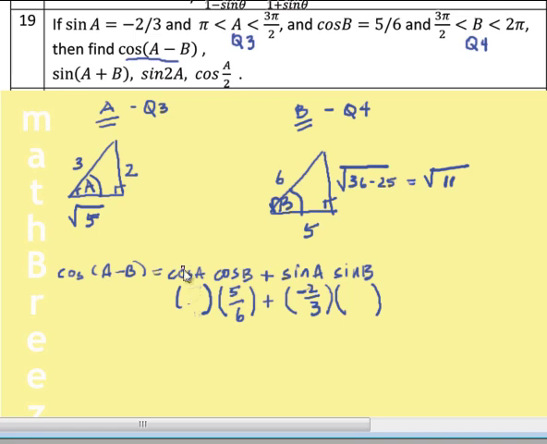Now we need cos A, so that would be square root 5 over 3. Quadrant 3 would make it negative. And then we have sine B. That would be square root 11 over 6, and we're in quadrant 4, so that would make it negative.